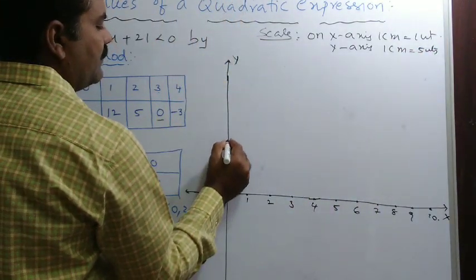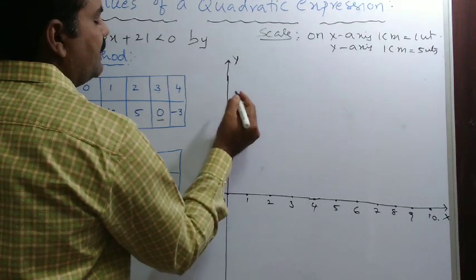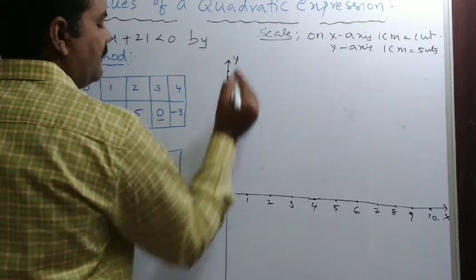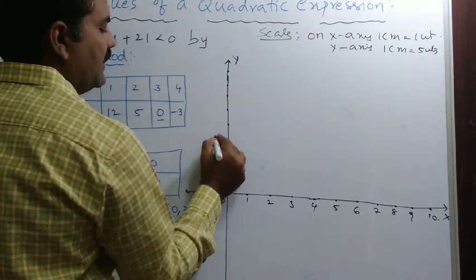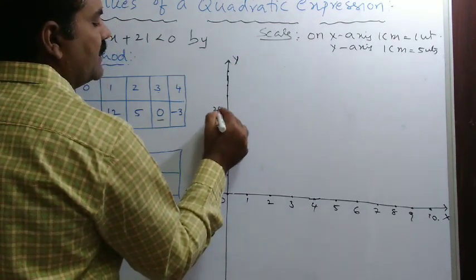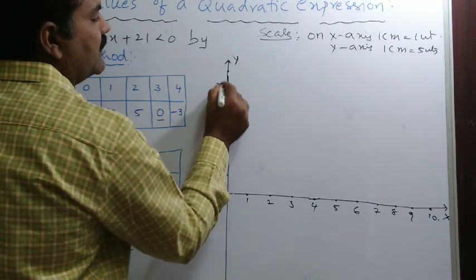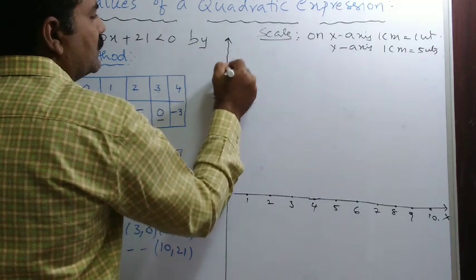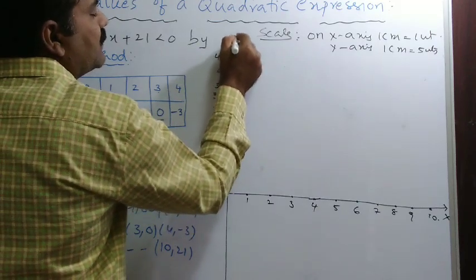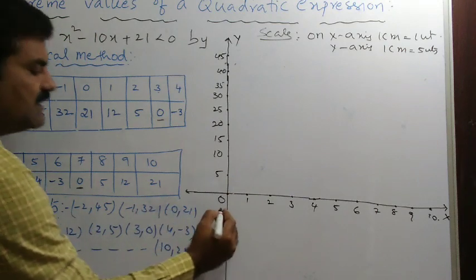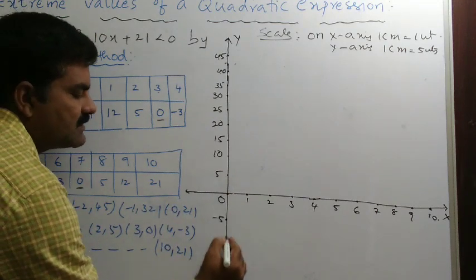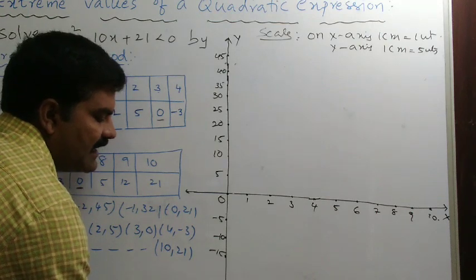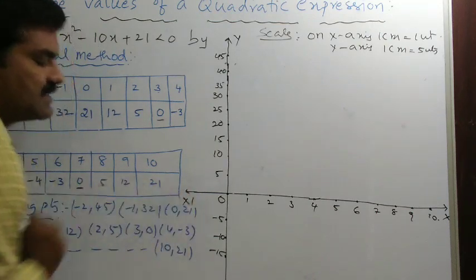So 5, 10, 15, 20, 25, 30, 35, 40 and somewhere 45. Now this is the y-axis, and similarly in the downward direction this is -5, -10, -15, the negative scale, y dash. Of course this is x dash.